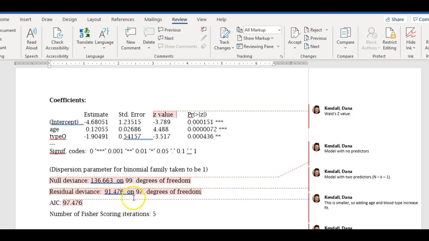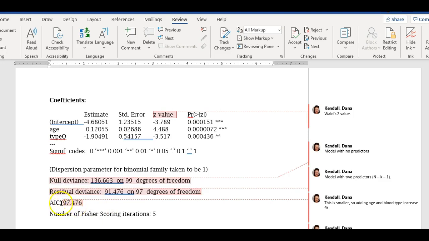The DF in this case is just simply n minus 1 because there are no predictors. The formula would be n minus k minus 1. So we have n minus 0 minus 1 in this case, and then n minus 2 minus 1, which is 97, for the proposed model. And then the AIC value is also decreased.